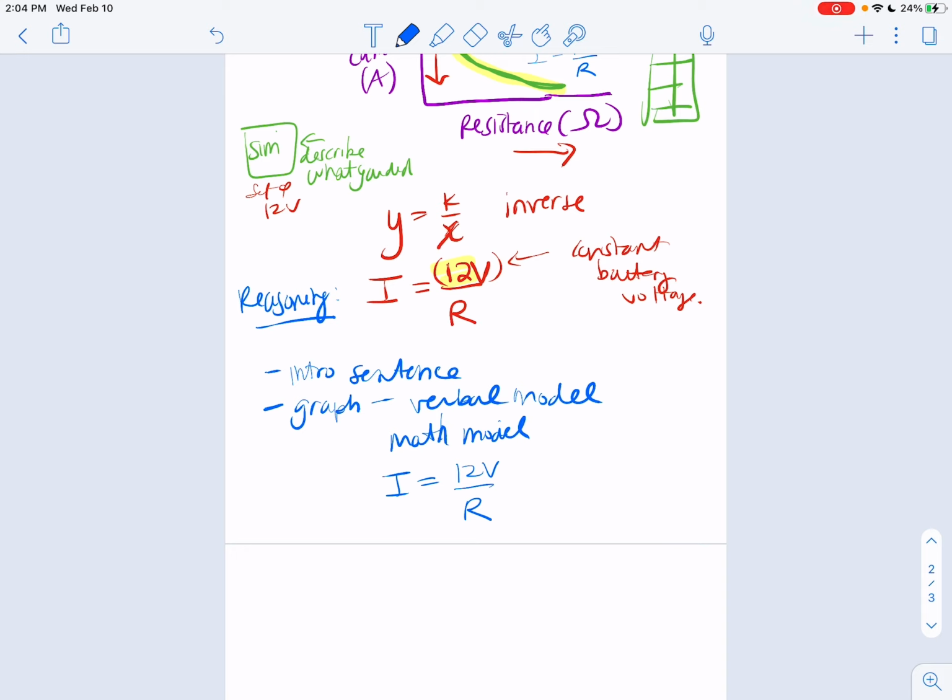Then we want to explain some of this. Basically, this constant K was the constant battery voltage, because that's what you set it as. If yours didn't come out the same as your battery voltage, then you did something wrong. This one's a little easier to explain because there's no slope and no y-intercept. It just has this one constant K, and that's just the battery voltage.